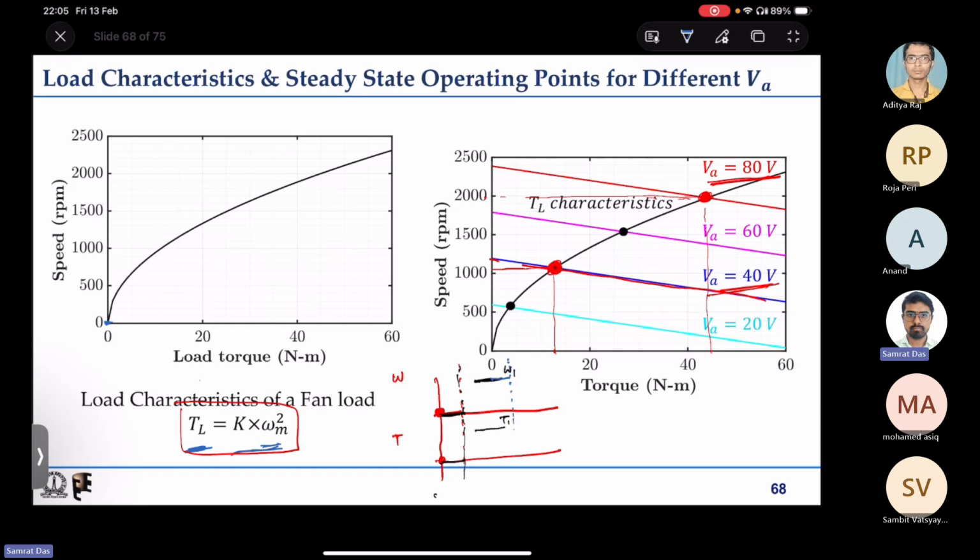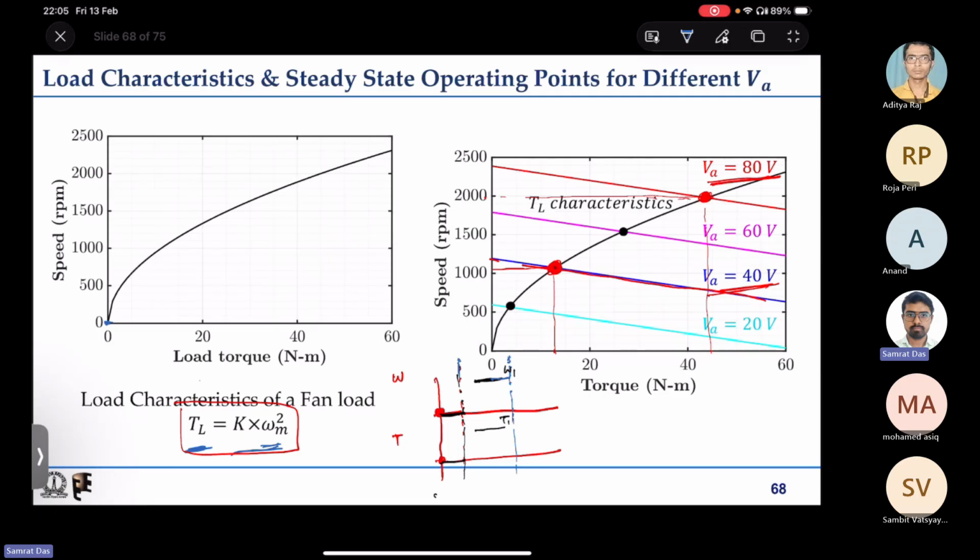And even after that, at some other time instant, say we change the armature voltage. Here it was, say, 40 volt, and now we have taken it from 40 volt to 80 volt.